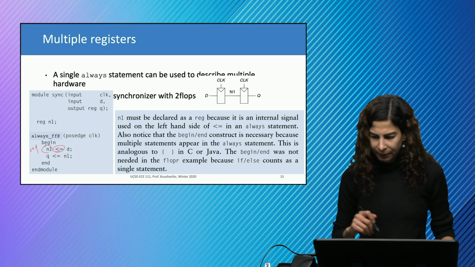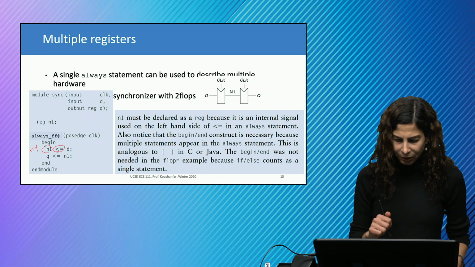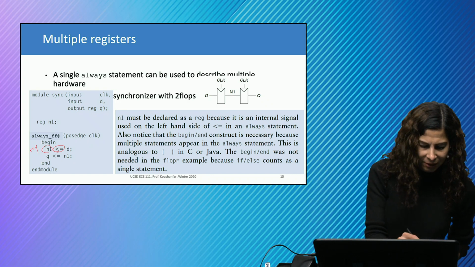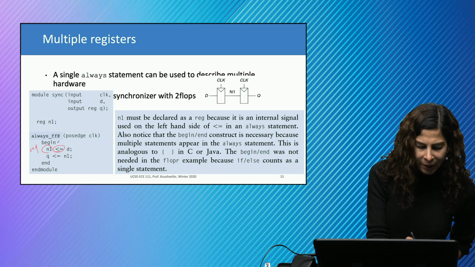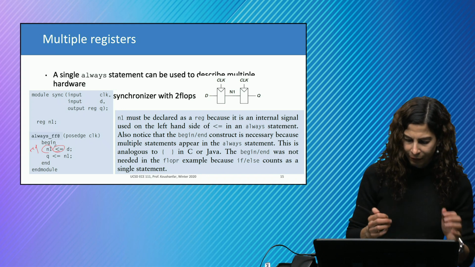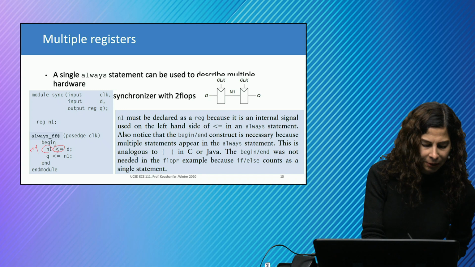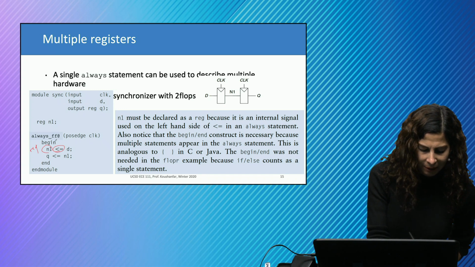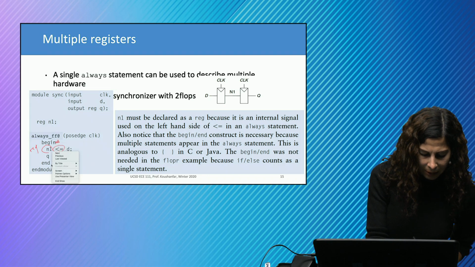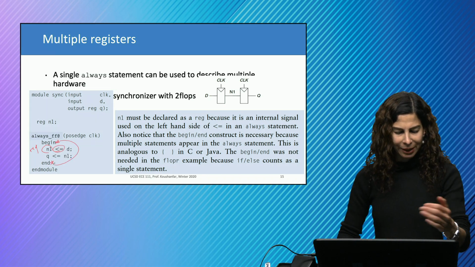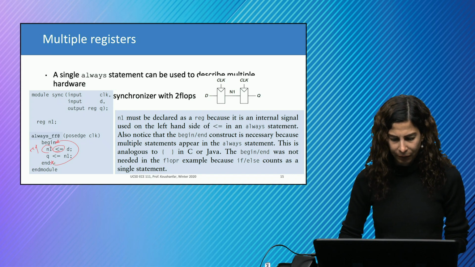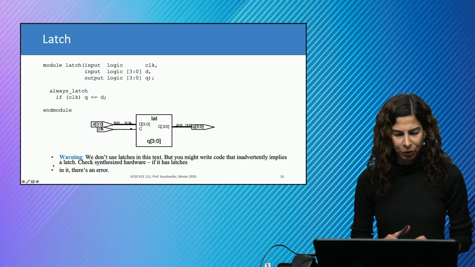The begin-end construct is also necessary because we have more than one statement appearing in the always_ff statement. These are things that you will see on and on. The begin-end tells us what is happening in this batch of signals.